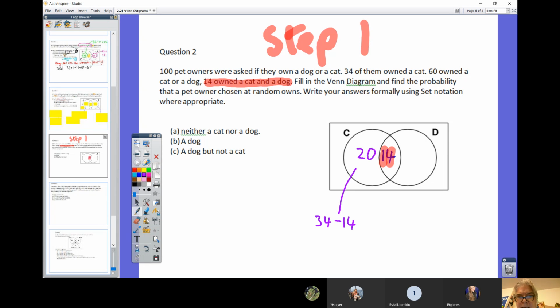Now, 60 owned a cat or a dog. Okay, and that's got to mean a cat or a dog or both. So how am I going to work out how many owned just a dog? Angus. You do it minus 14. Well, what minus 14? Just a dog.